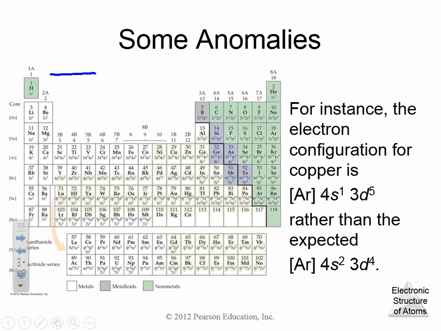So if we go 4s and 3d, you would expect the configuration to look like this. Up, down for 4s, and then up, up, up, up. So if you take a look at it, that's what you would expect.